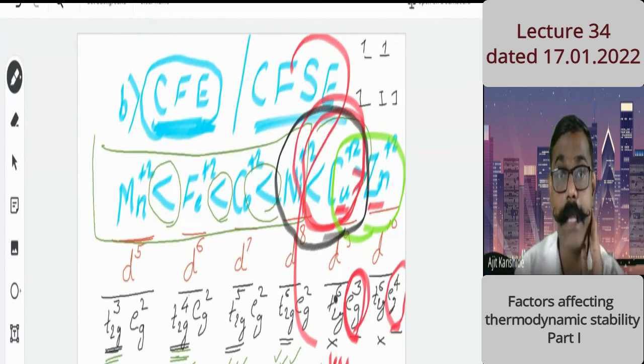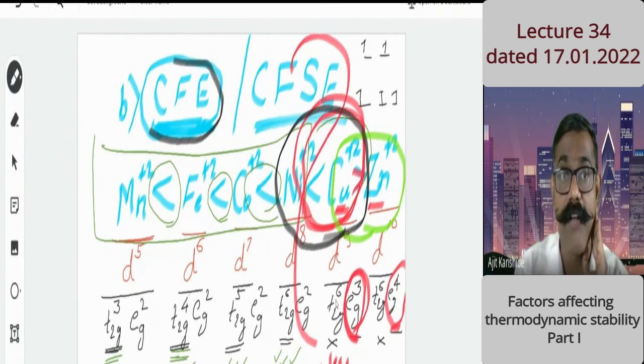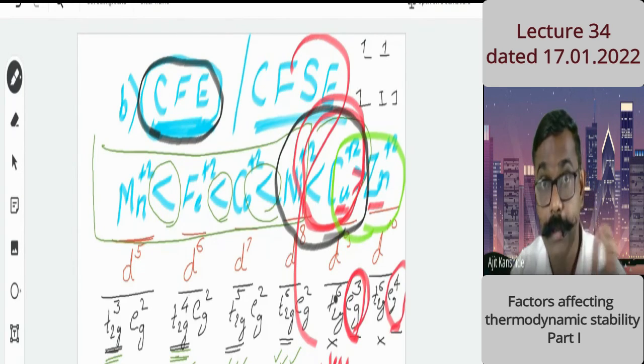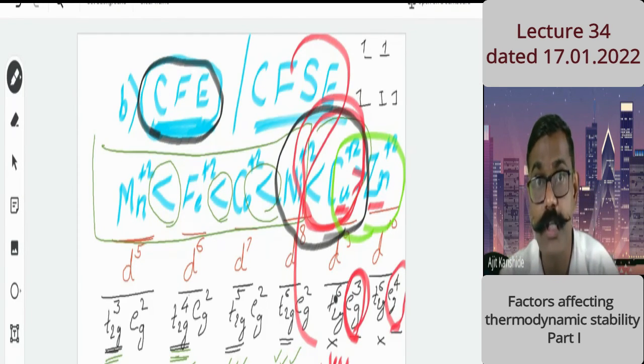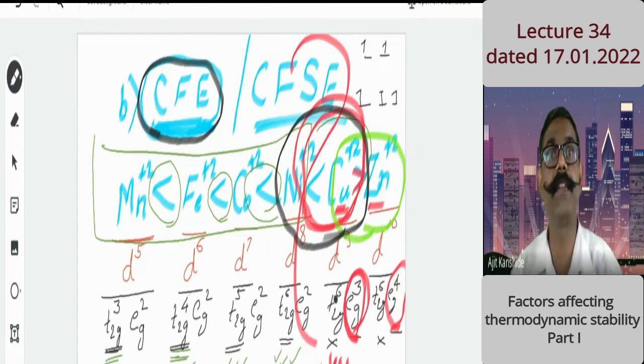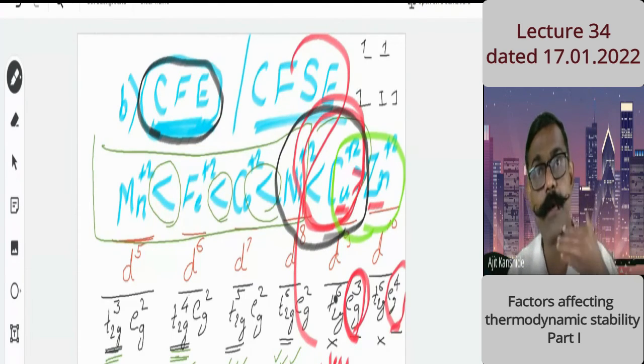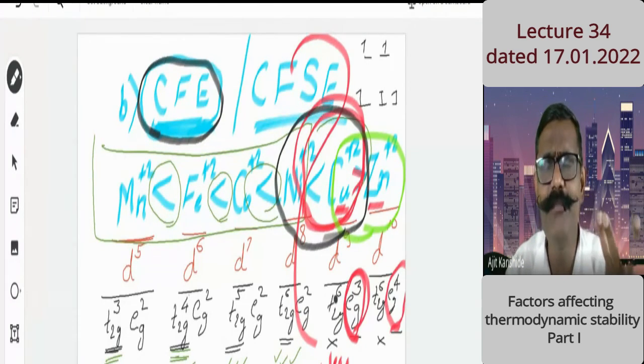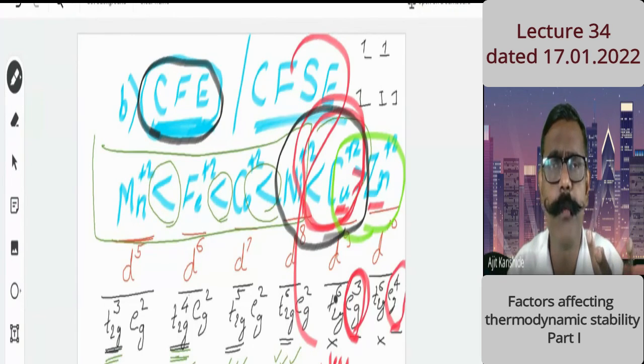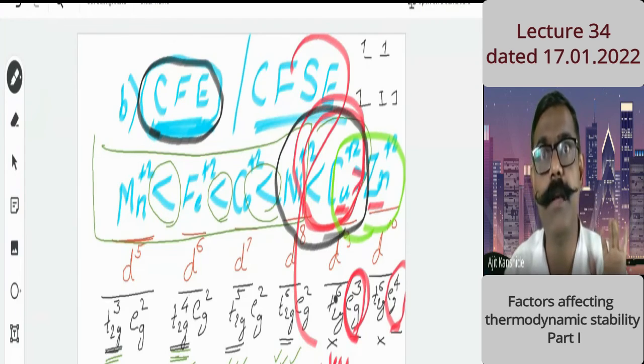Therefore, I can say crystal field effect affects the stability. For the general application to octahedral complexes, by simple logic, if an electron goes into the T2G orbital there is more stability, and when the next electron goes to the EG orbital, stability will decrease.